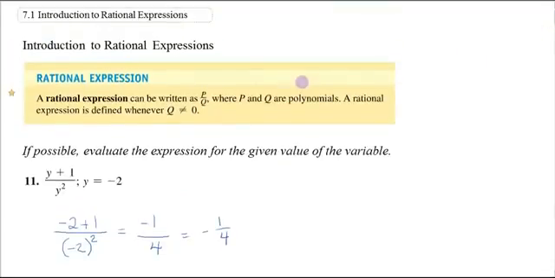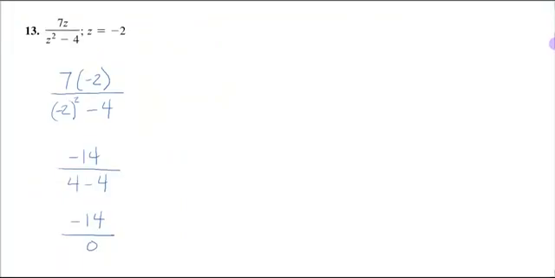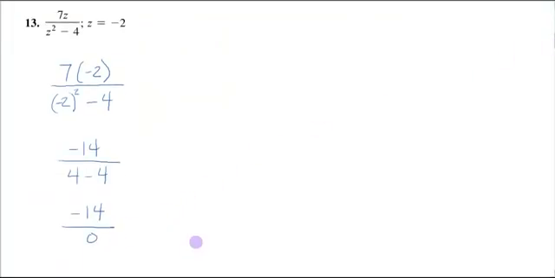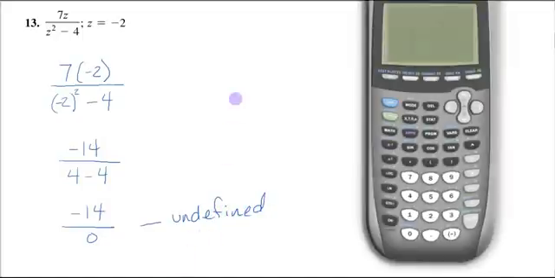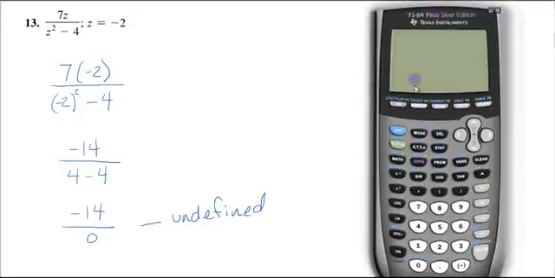Up in our definition, it said that a rational expression is defined whenever the denominator is not 0. We have put in a value for z that makes the denominator 0. That means that this expression is undefined. You'll see that as well when you put that into your calculator. If you were to put in -14 divided by 0, you get an error, and it says the error is that you divided by 0.